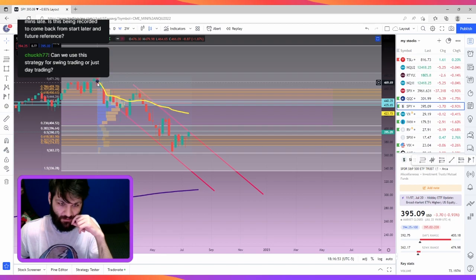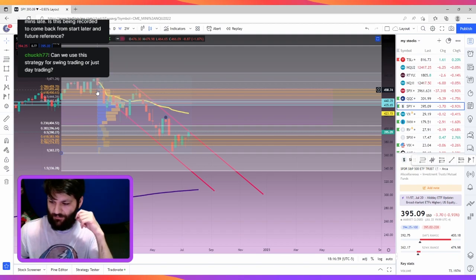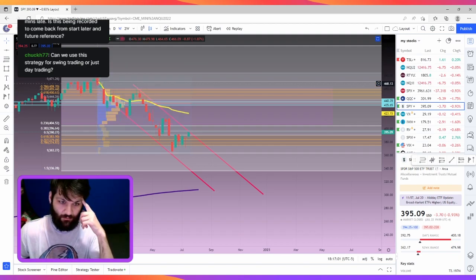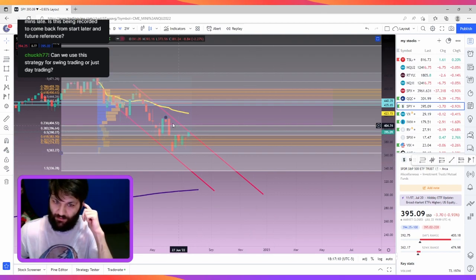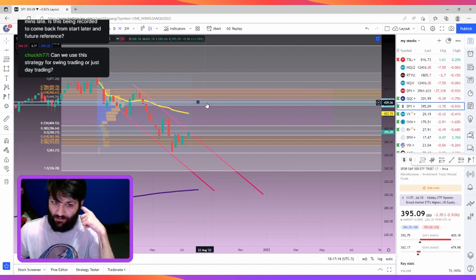I put it on the start of the year, so I guess 7 months ago. Drew it out from there to current, and as you can see, it's respecting everything very well, including the levels. So definitely, you can do it for swing trading as well.